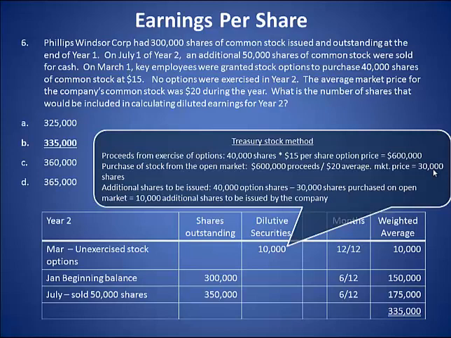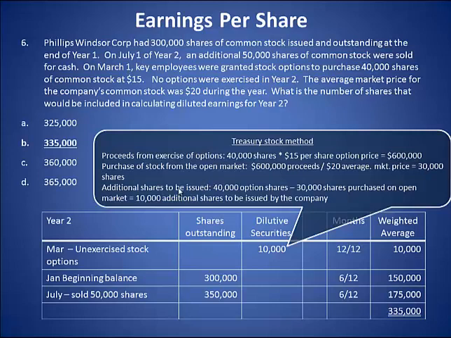Now, the only problem is that we could purchase 30,000 shares, but we need to have 40,000 shares in order to fulfill the requirement of being able to issue 40,000 shares to the people who purchase the stock options.